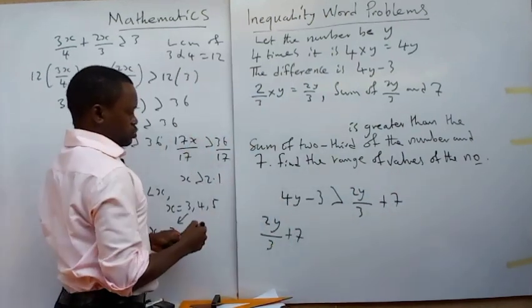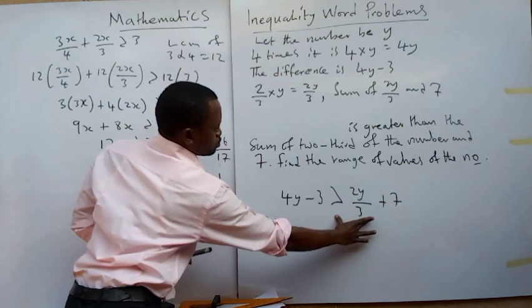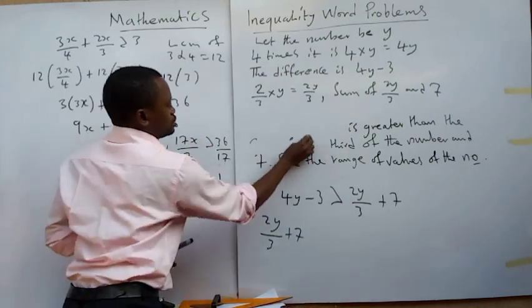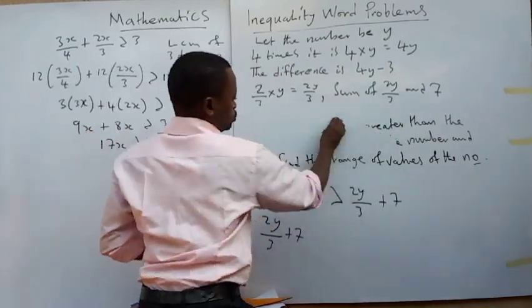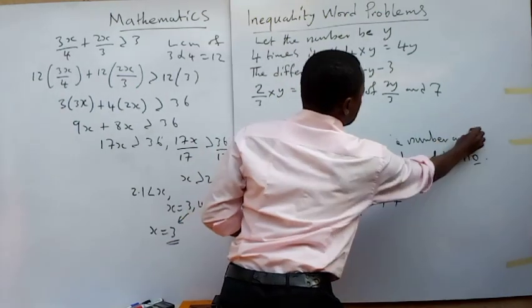This 7 is a whole number. So this is how this expression will appear. Then let me present it back, because I needed you to see the sentence that is guiding this.